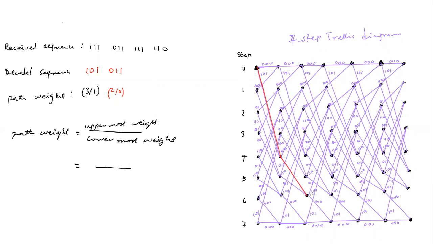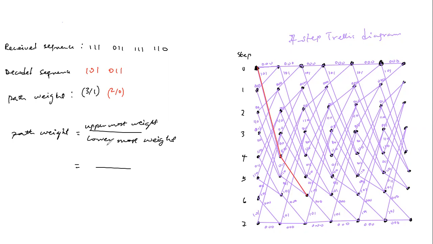So at step 5, we can either move to step 2 or step 6, from 5. We're in step 6 here. And from step 6, we can either move to step 3 or step 7.